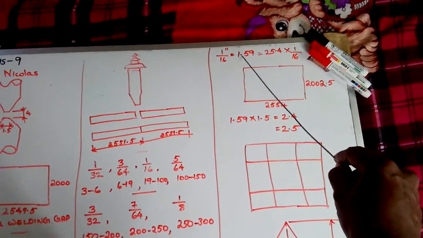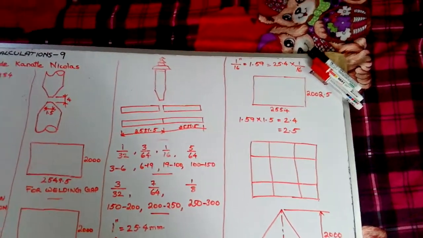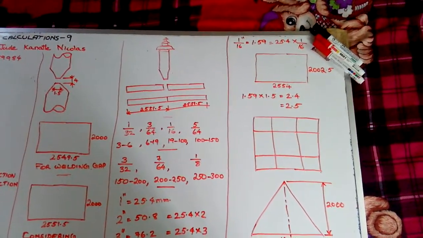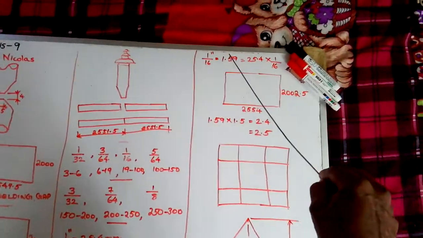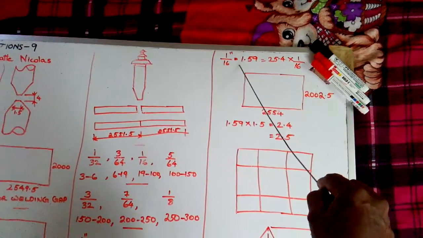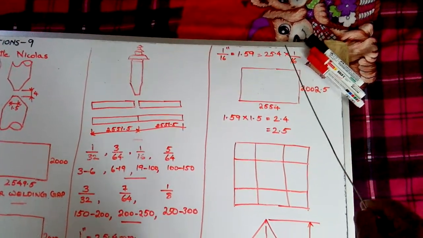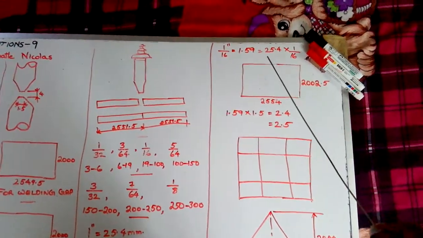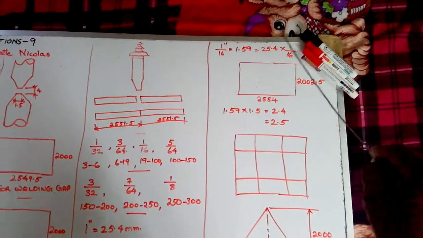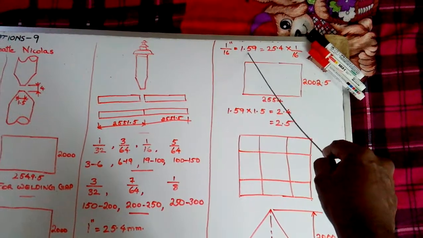It means 1.59 is doubled. So the proper gas cutting allowance we can give will be in between 1.59 and its double. How much will be double? You just calculate and find out. There will be a measurement in between.